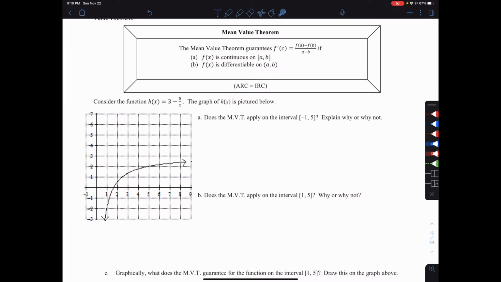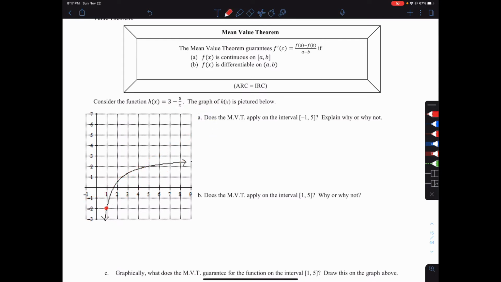That's what we're saying. So for example, let's say that we were finding a secant line that went through these 2 points. Then what this theorem is suggesting is there has to be some place where there's a tangent line that's parallel to that. And you can see how that just worked.